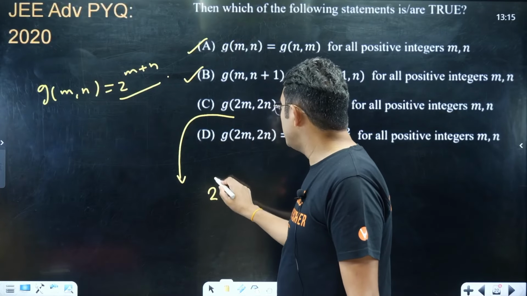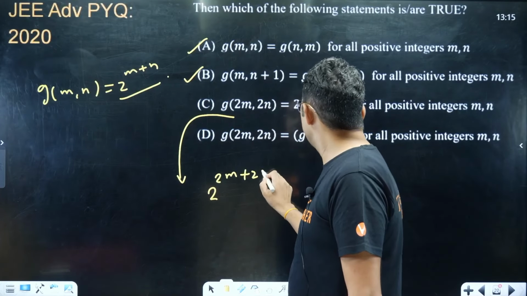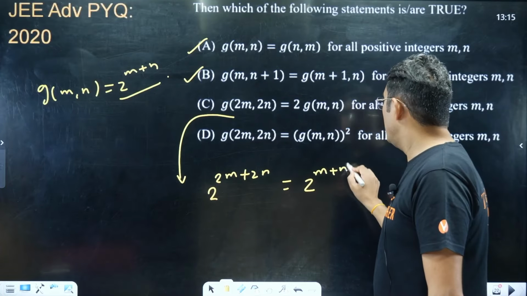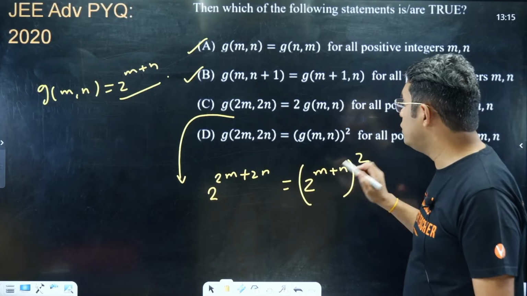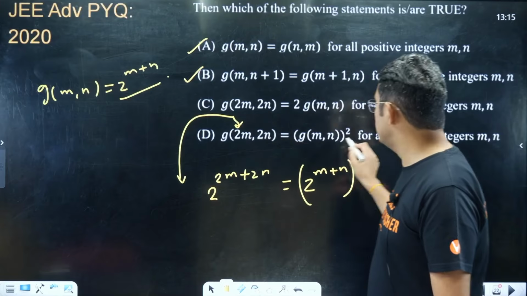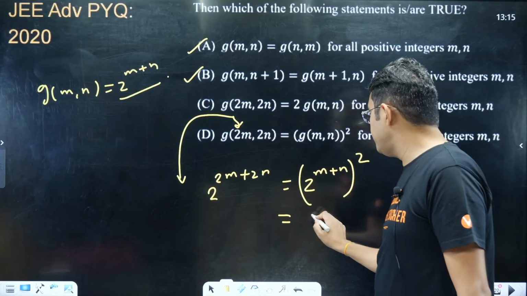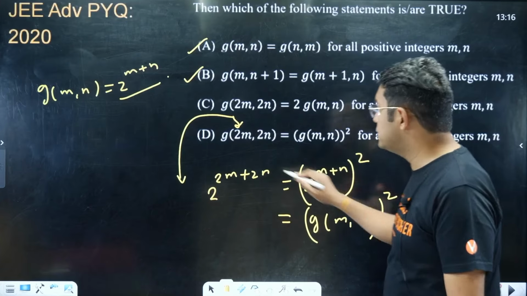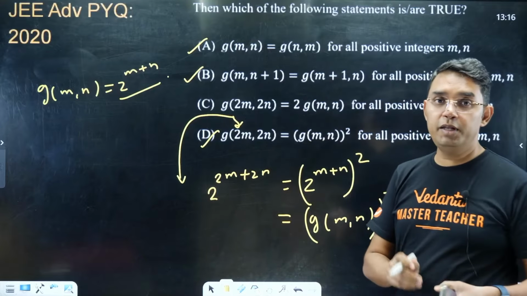This will be 2 power 2m plus 2n, which we can write as 2 power m plus n whole power 2. So actually D is correct, because then you can write this as G of m comma n whole square. So this is correct. A, B, D should be the answer of this question.